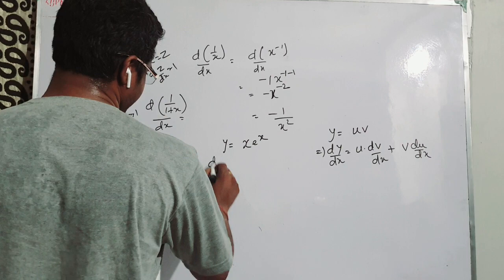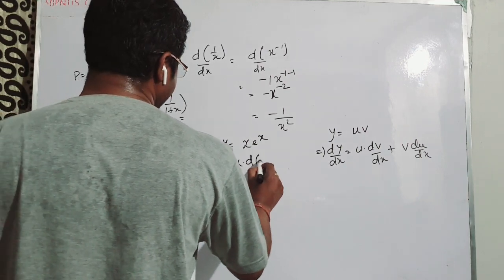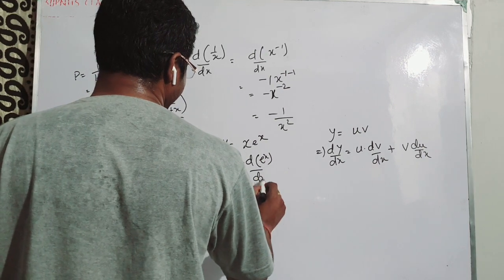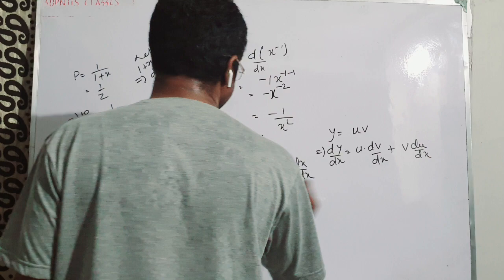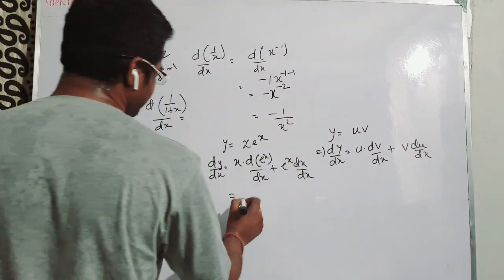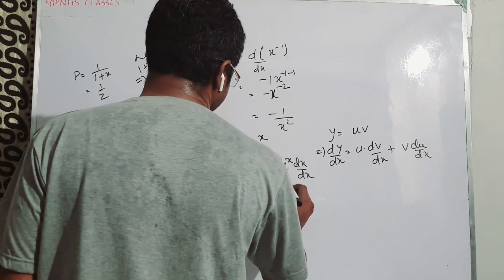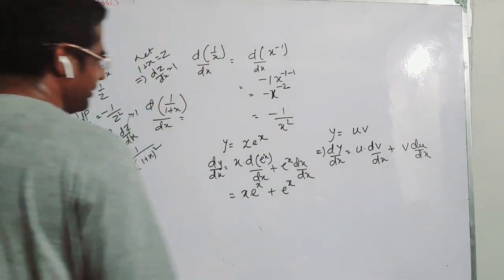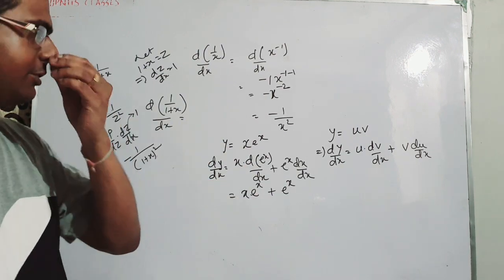So here dy/dx is equal to x into d(e to the power x)/dx plus e to the power x into dx/dx. So in that case this is basically x e to the power x plus e to the power x, and this is 1, right? Here guys, so you can practice one or more by yourself also.